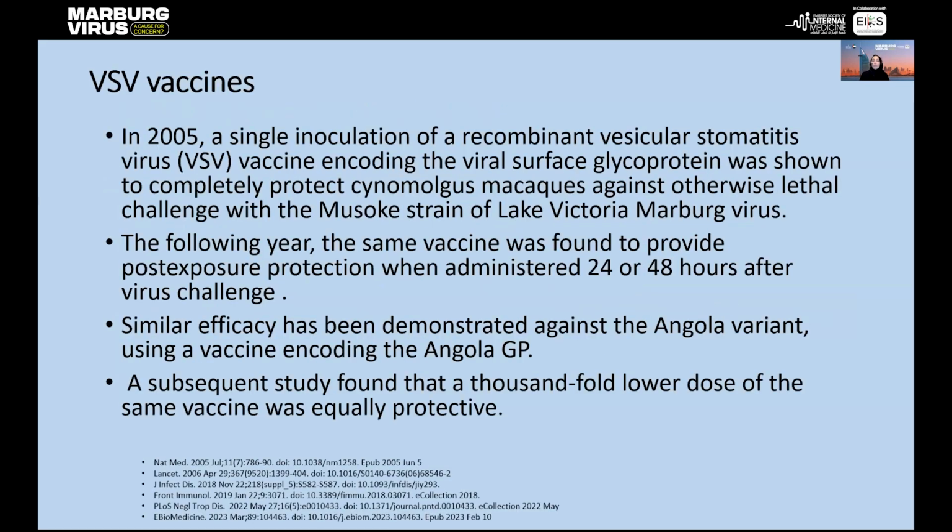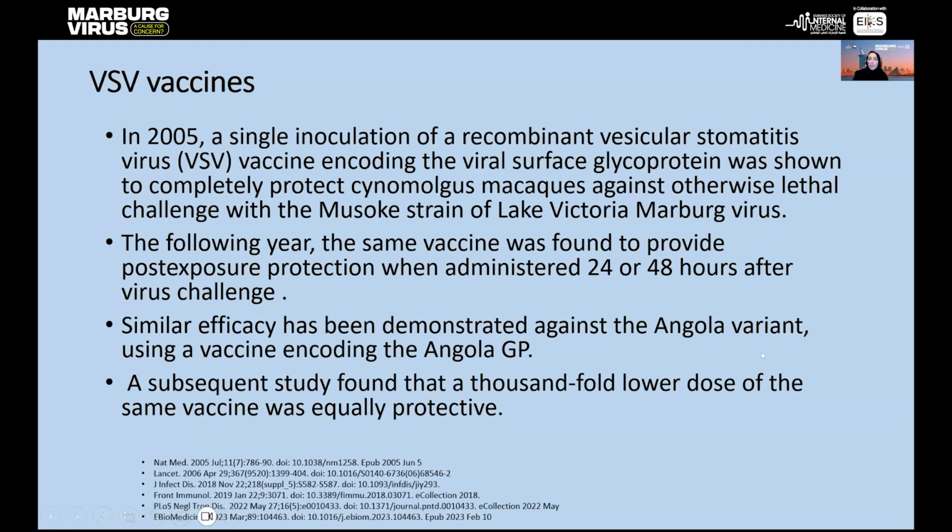In 2005, a single inoculation of the recombinant vesicular stomatitis virus vaccine encoding the viral surface glycoprotein protected monkeys against an otherwise lethal challenge with the Musoke strain of Lake Victoria Marburg virus.